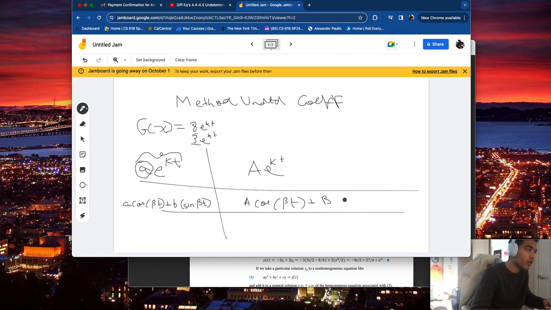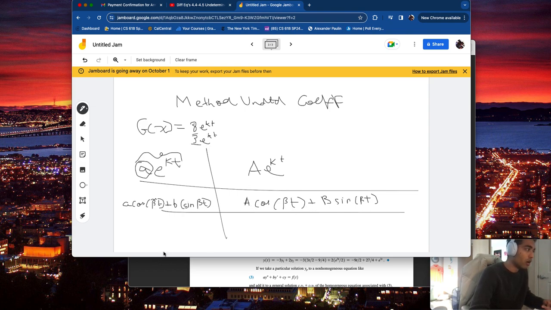The b and the beta are different, so don't confuse them. So basically what it means is a could be 0 in this case and b could also be 0 in this case. So you have a function g of x which is like cos 3t. 3 is the beta in that case, right? So the particular solution guess would be a cos beta t plus b sine beta t.